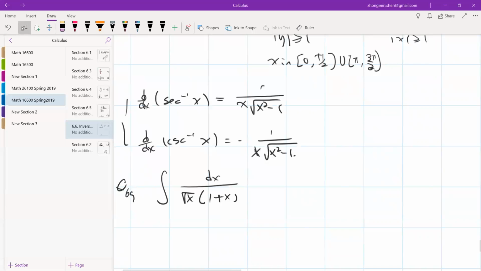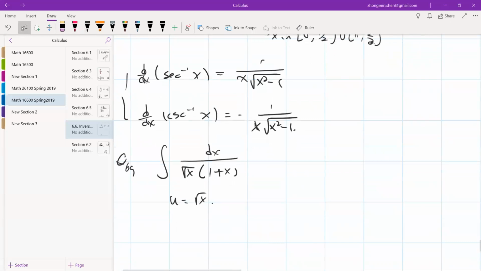I think it's pretty tricky here. So we use an integral here, let u be square root of x. Let's try and use this as a substitution. I'm trying this substitution. So du equals this.